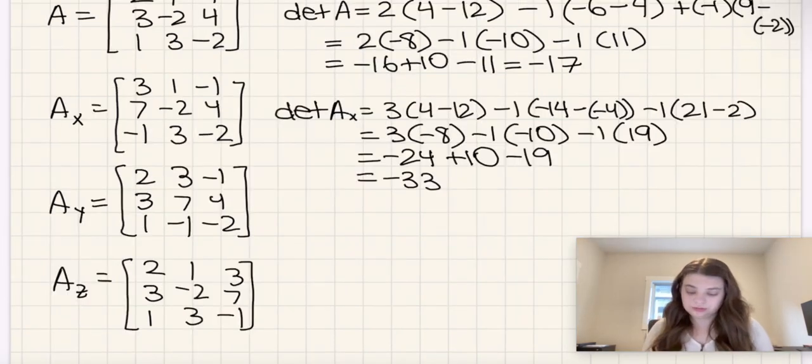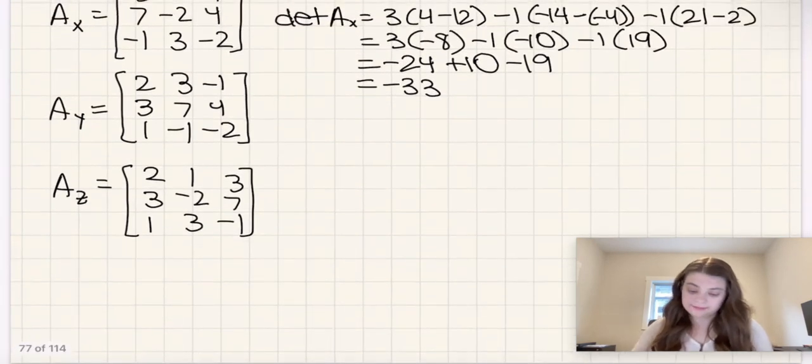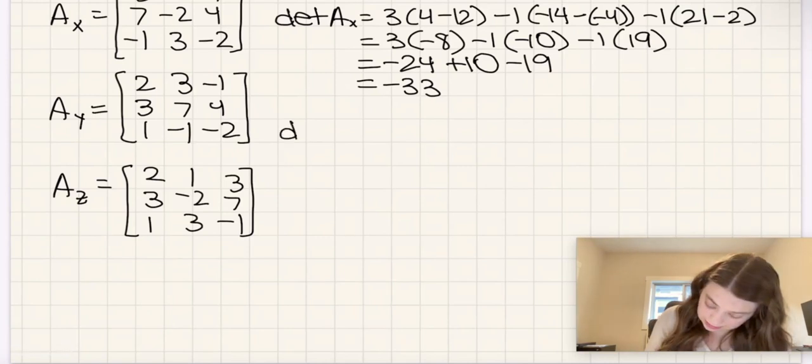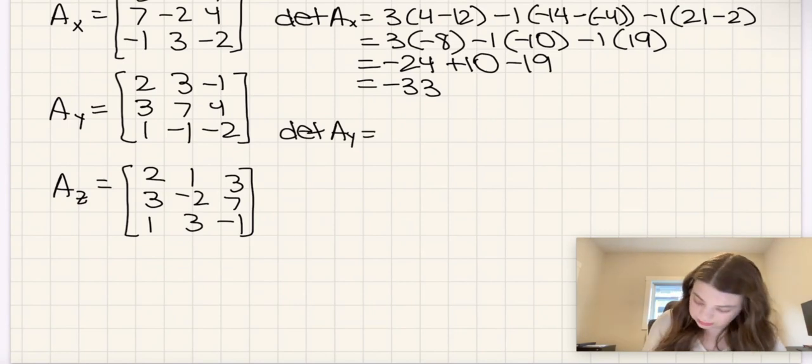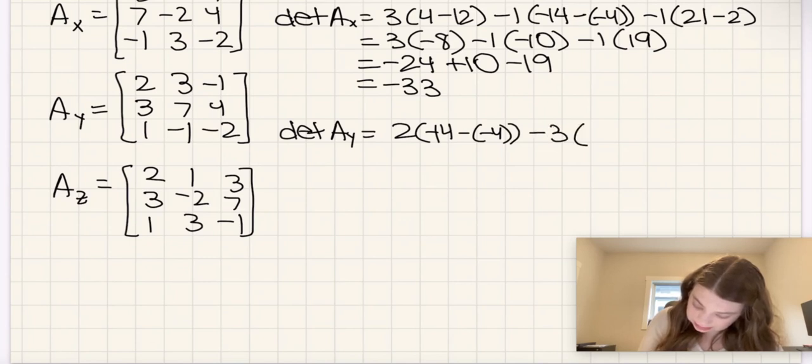Okay, next let's do the determinant for ay. So determinant of ay, same kind of idea here. We're going to do 2 times 7 times negative 2, which is negative 14, minus negative 4, minus 3 times negative 6 minus 4, minus 1 times negative 3 minus 7.